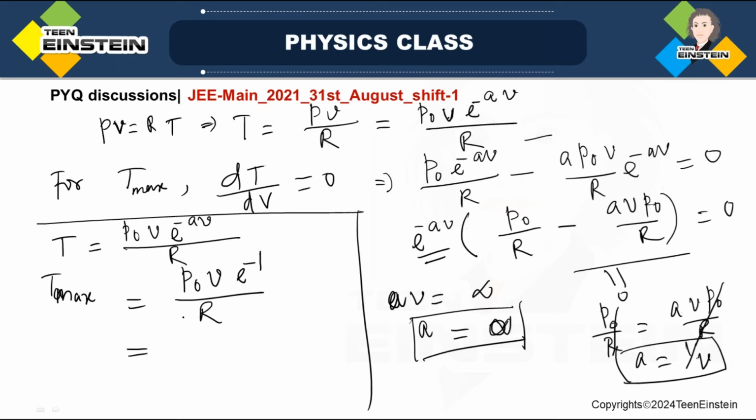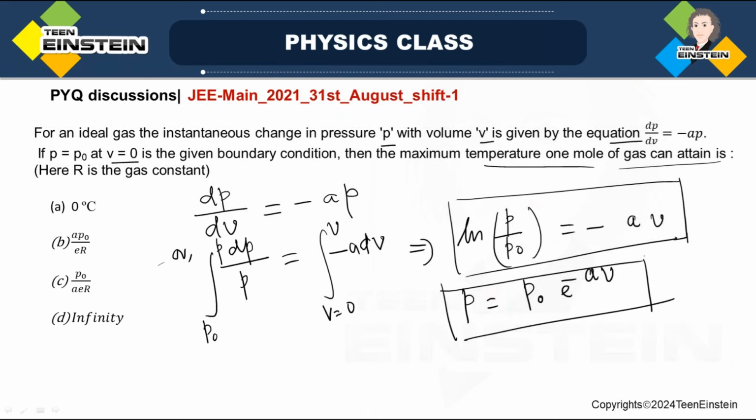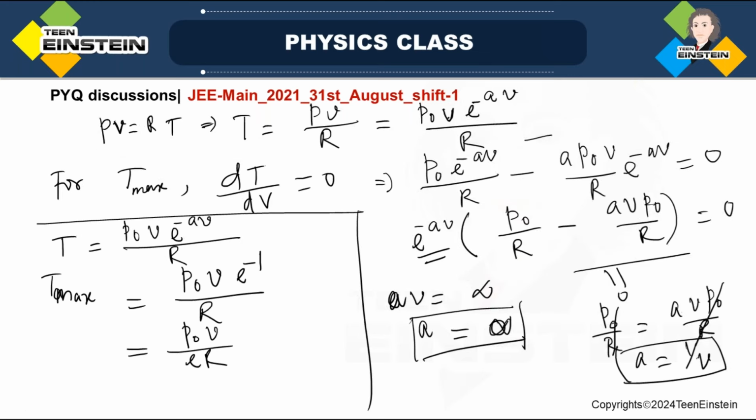Okay, look at the options. We have the answer in terms of A instead of V, so let us put the value of V. V will be 1 over A, right?